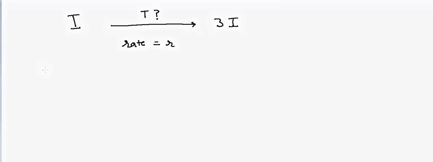You take the number 115 and divide it by R, and that will give you the time for the investment to be three times.